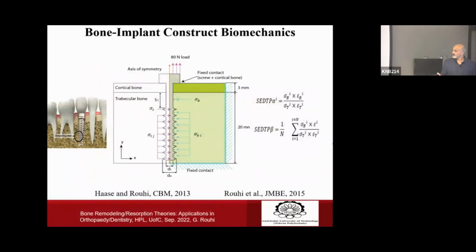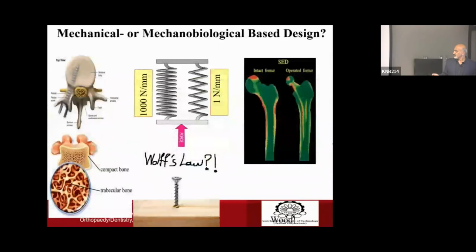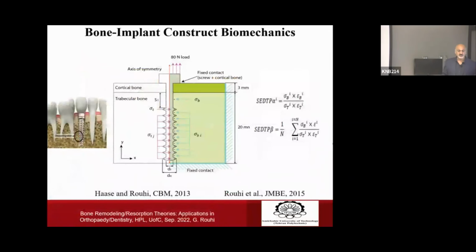I was going to ask one question. Based on this point, should I design this implant, this prosthesis, and also this dental implant, based on just mechanical principles, just mechanical criteria? There is a lot of research these days, in different schools, PhD and master theses, that just use mechanical principles to see what the stress distribution is in the vicinity of the screw, what the strain distribution is.